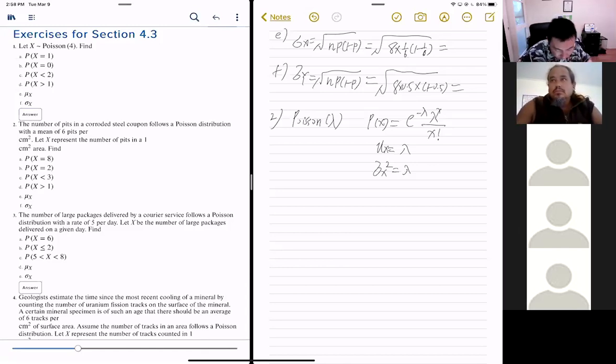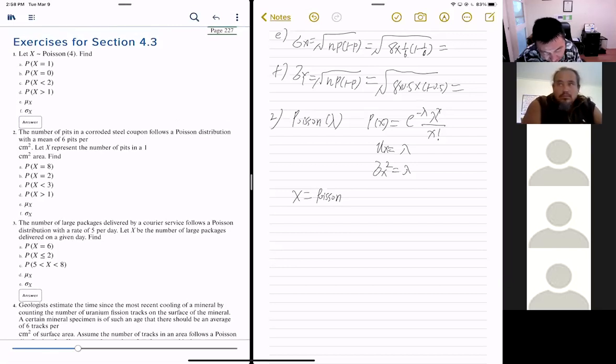So x will follow a Poisson distribution. The question is asking, x is the number of pits in 1 square centimeter area, and the mean value for that 1 square centimeter is 6 pits. So lambda will equal 6. So x follows, not equals, Poisson 6.